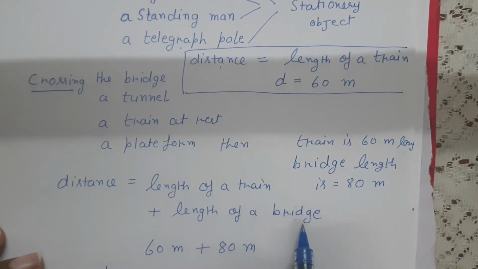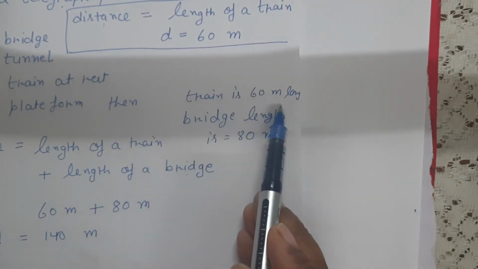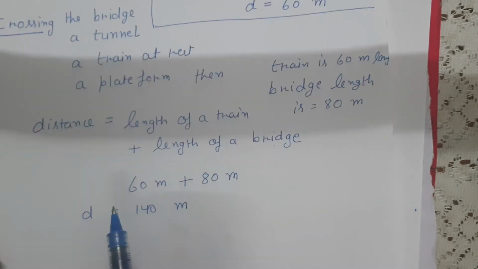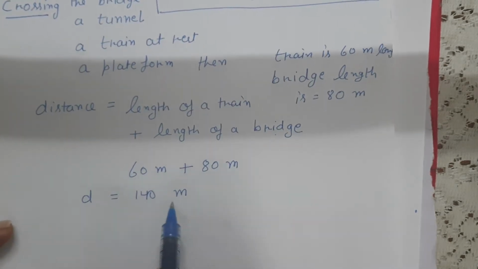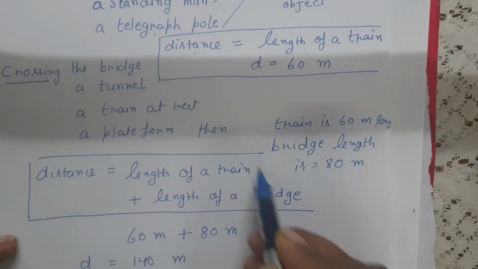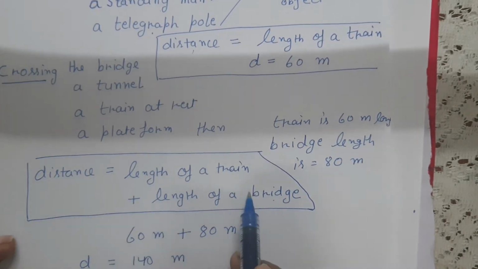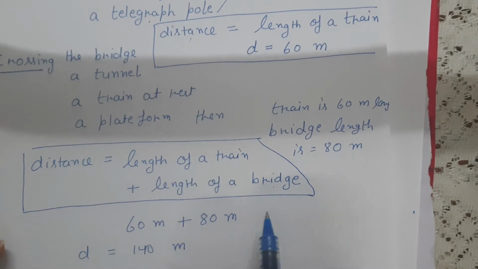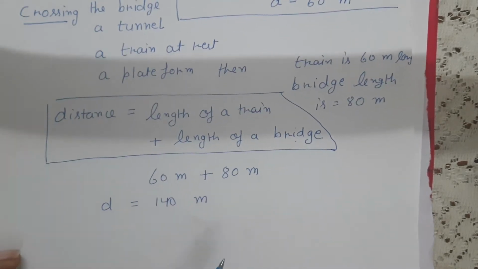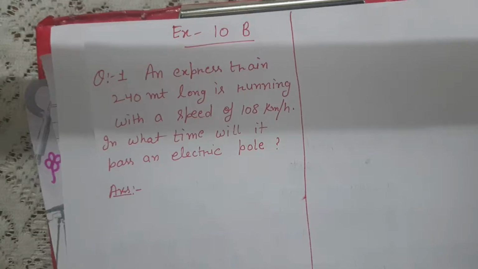If the train is 60 meter long and the bridge length is 80 meter, then the distance is 140. It means distance is length of the train plus length of the bridge. These are the two rules. Now we will solve exercise 10B.